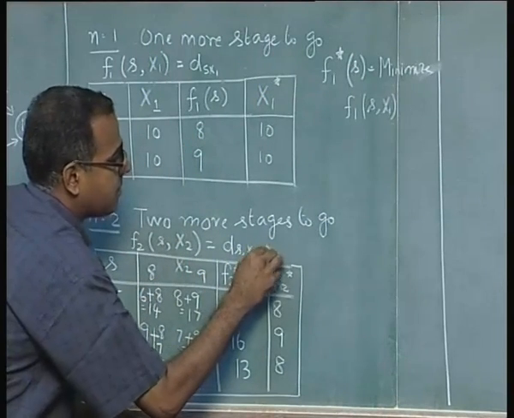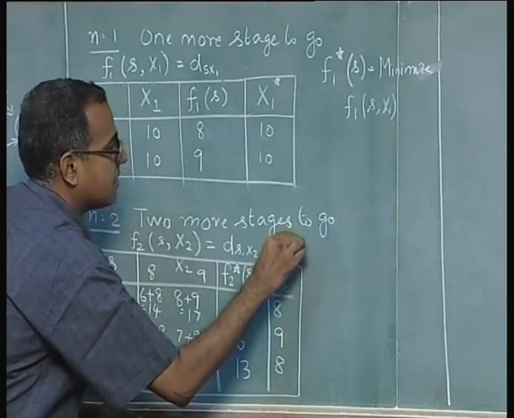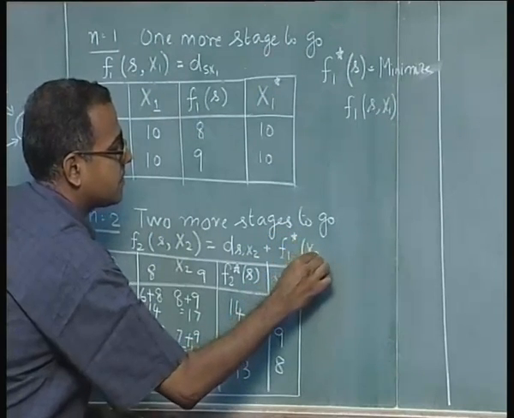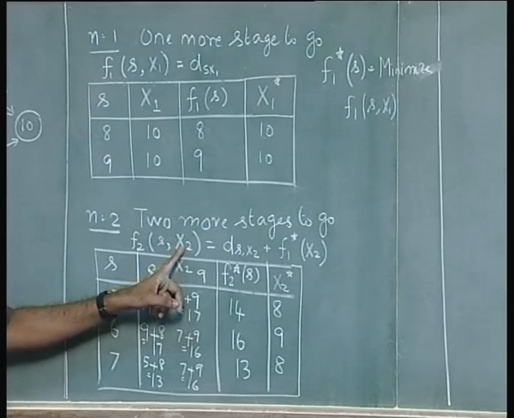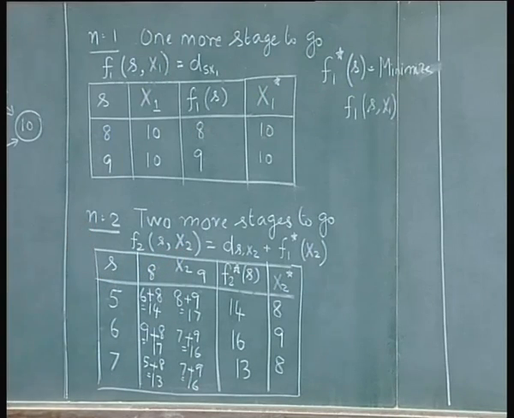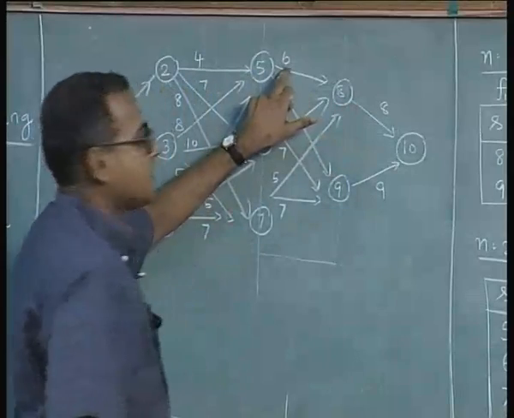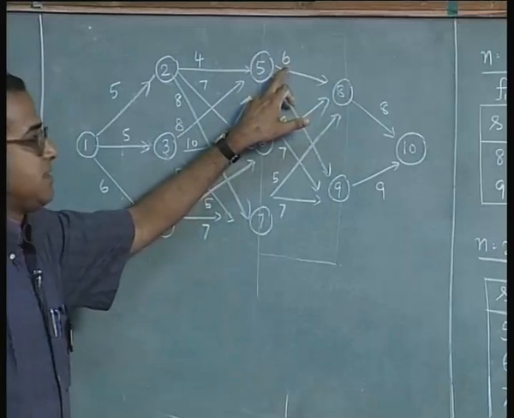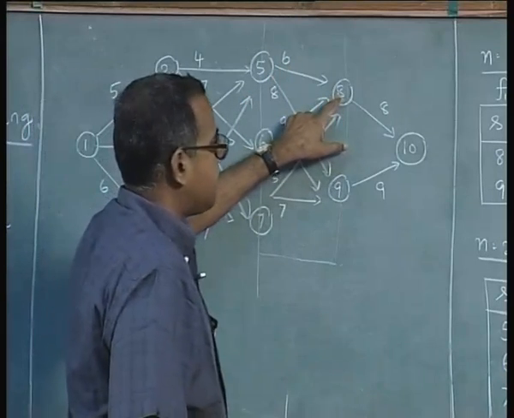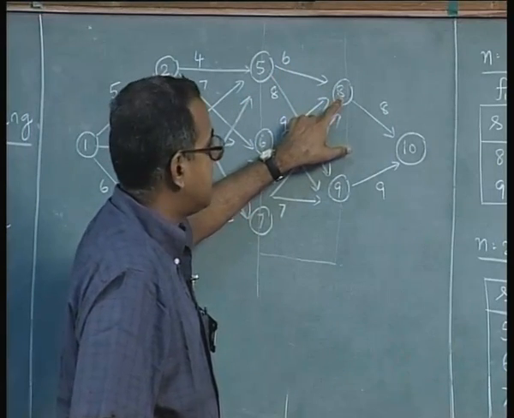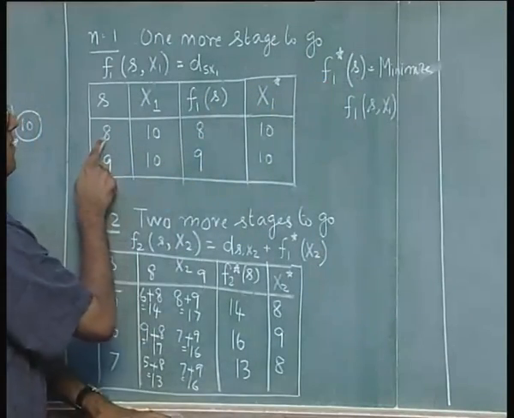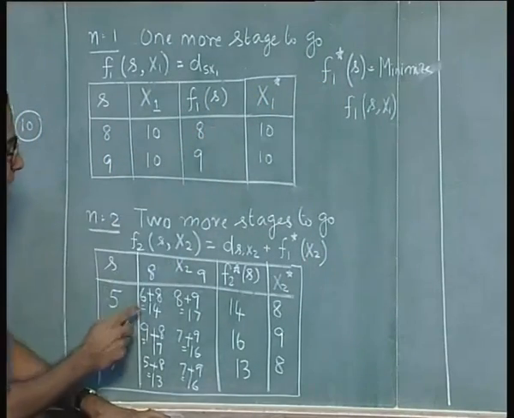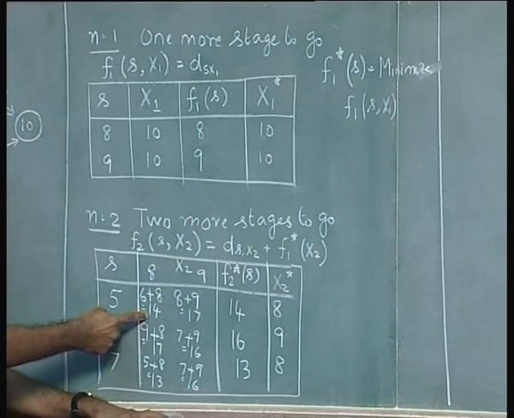So this will become plus f1 star of x2. From S I go to x2. So from 5 to 8 I incur a distance of 6, and then once I reach 8, the best way to reach the destination from 8 is given by f1 star of 8. f1 star of 8 is this 8. So we add 6 plus 8, 14.